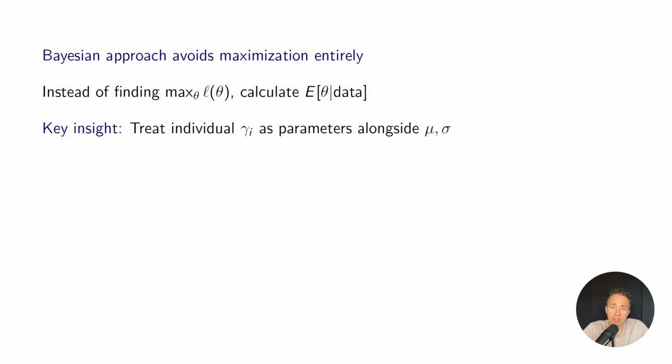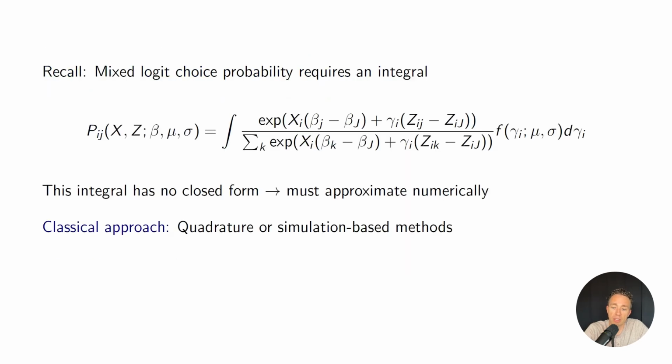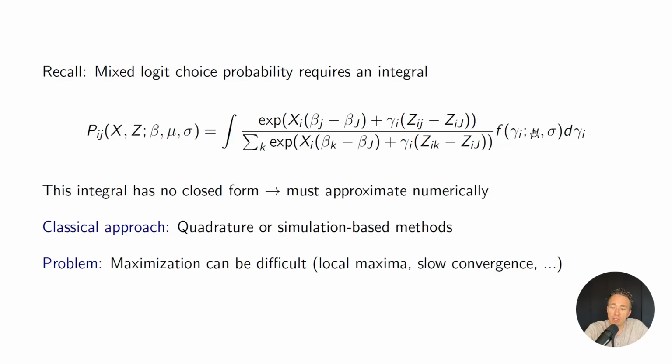The key insight of the Bayesian approach is that we're treating these gamma i's as individual parameters that are entering alongside the mu and the sigma. If we go back to this, mu and sigma are the distributional parameters of our mixing distribution. So the Bayesian approach says, why don't I just treat these gamma i's as parameters to be estimated as well?